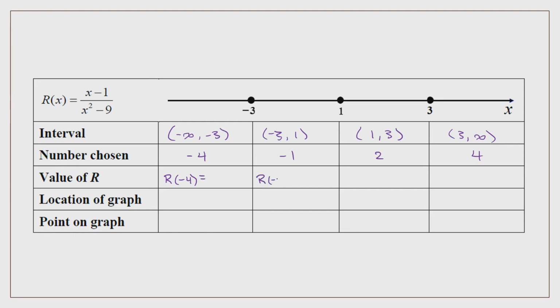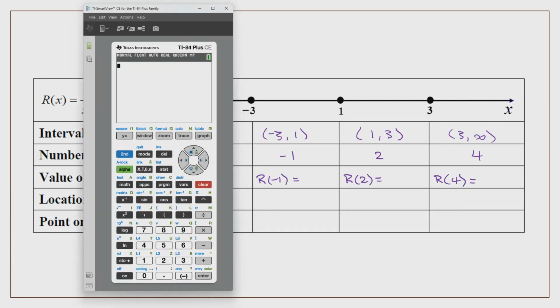So we want to find the value of R, which means if I substitute in negative 4, negative 1, 2, and 4, what would be the y values associated with that. And so for this, we can grab our calculator to help us. So in our calculator, we are going to enter in our equation.